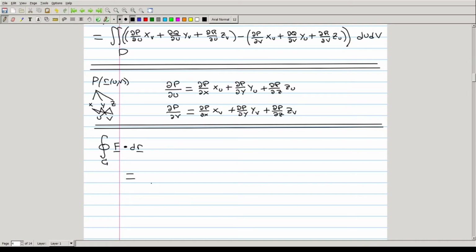So when we plug this in, this is going to be the double integral of dp du, which is partial p partial x times xu plus partial p partial y times yu plus partial p partial z times zu, all of this times xv.